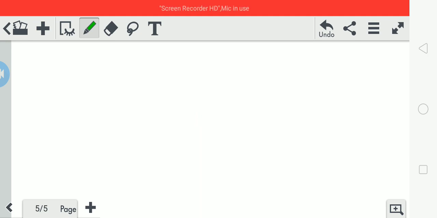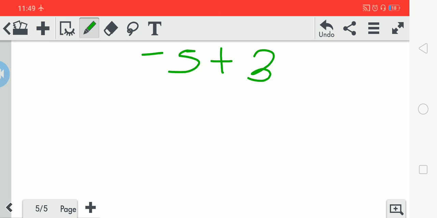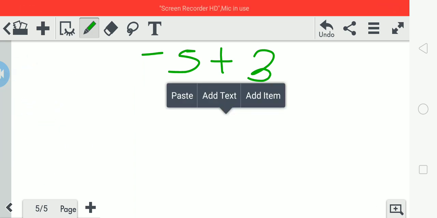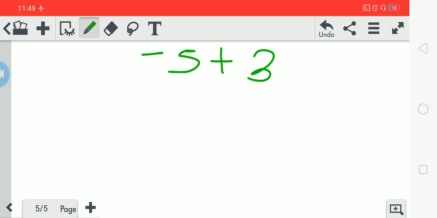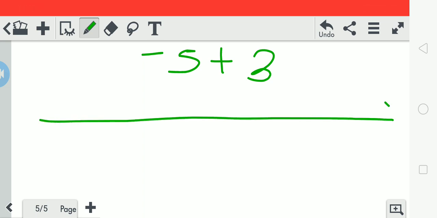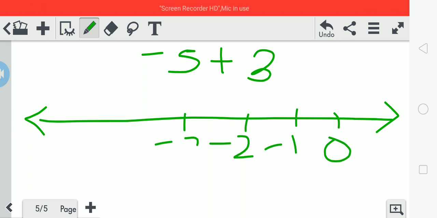Take a similar example in which one number is negative and one number is positive. Now here 5 is negative and 3 is positive. Again draw the number line: 0, minus 1, minus 2, minus 3, minus 4, minus 5.